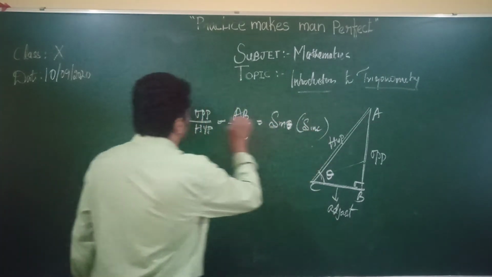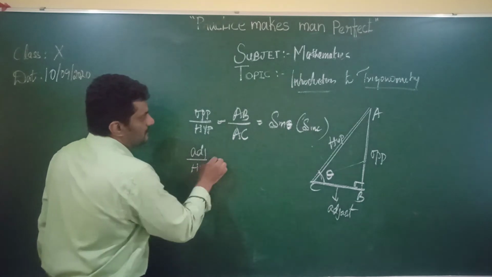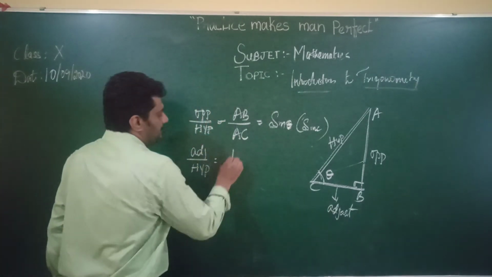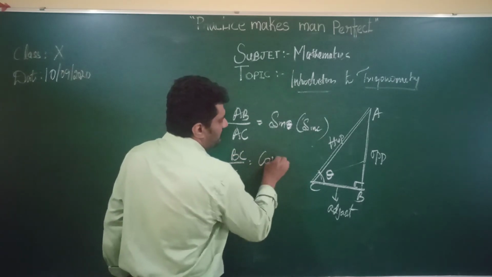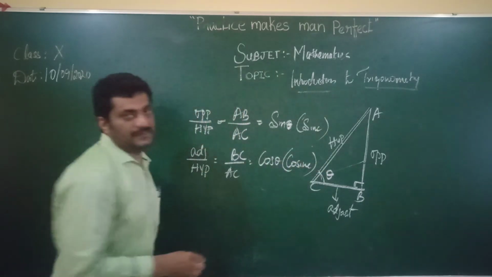The next one is adjacent by hypotenuse, which is BC by AC, which is cos theta. The full name is cosine theta.